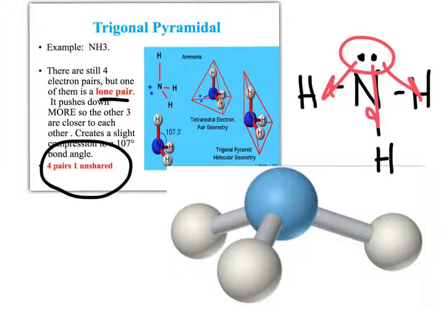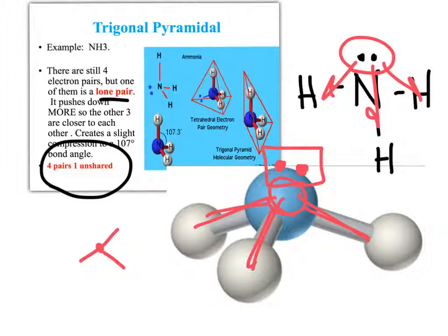So we end up with not that 120 degrees that we saw in the trigonal planar where they all laid flat on a table, but this literally stands up on a table like a tripod. And the electrons, the lone pair, would be up here. And so this is called trigonal pyramidal, like a pyramid. So 4 pairs of electrons involved around the central atom, but 1 pair of those 4 is not being shared. It's a lone pair.